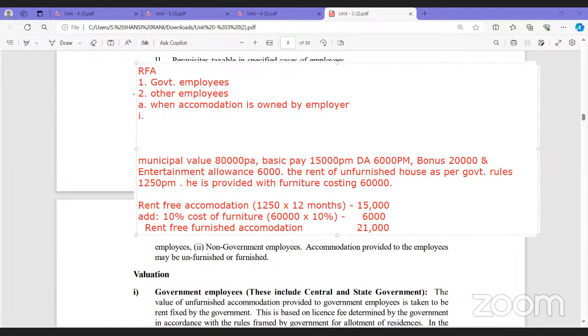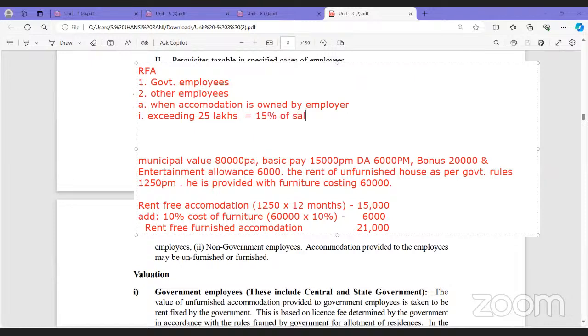You just look at in which city the employee is living. Whenever the employee is living in that city, just look at what is the population of that city. If that city is having a population exceeding 25 lakhs, it is 15% of salary.